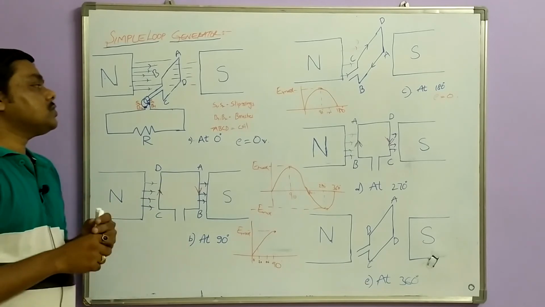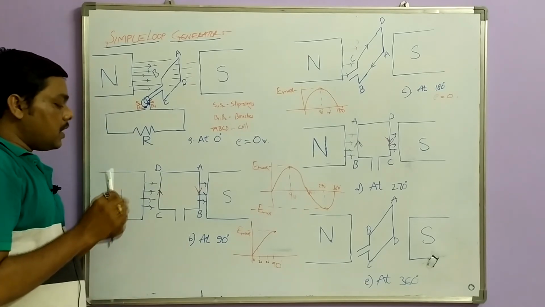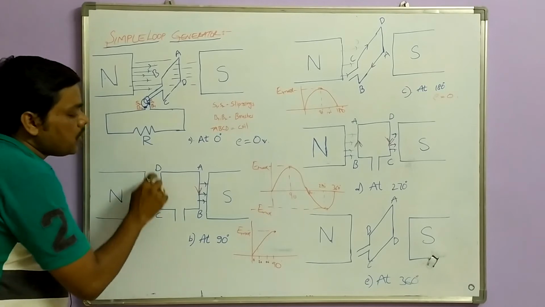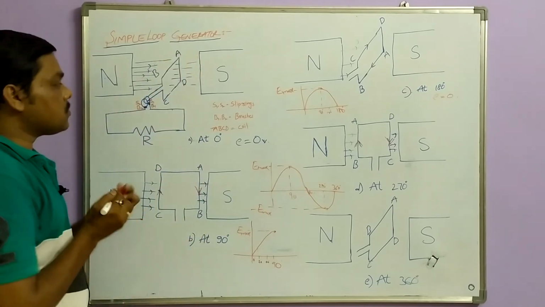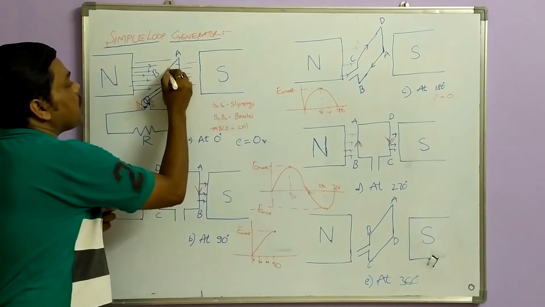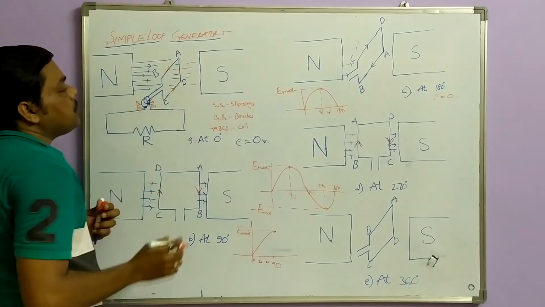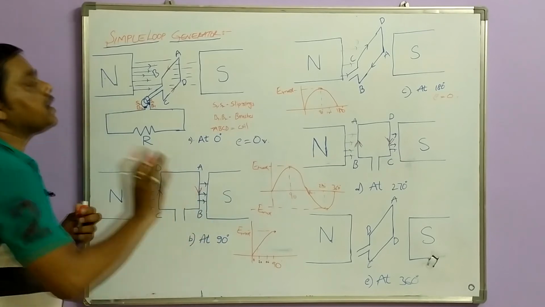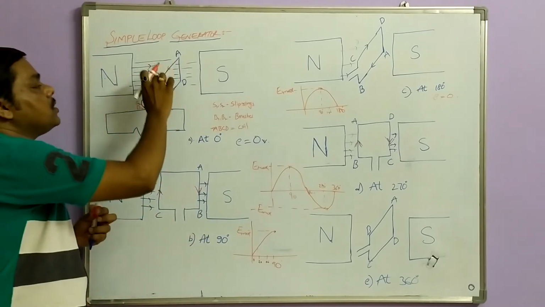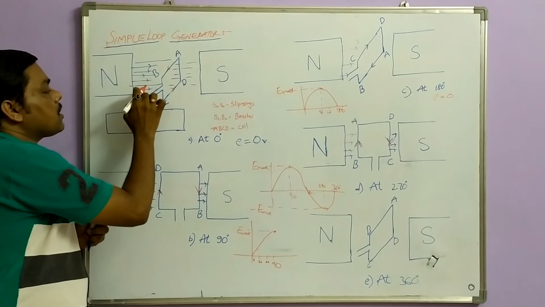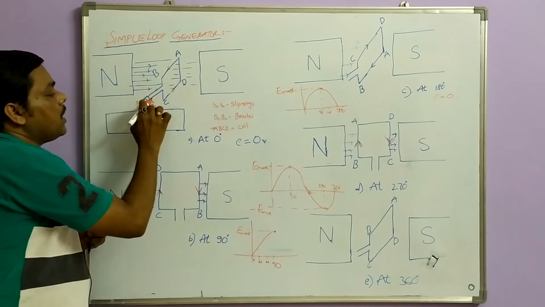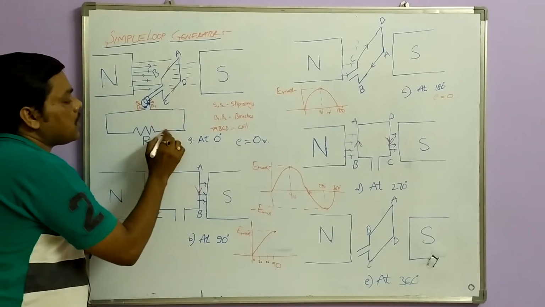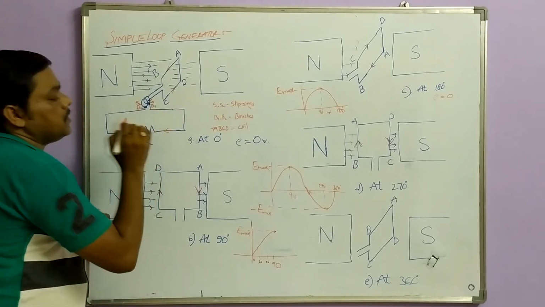Now what happens if you collect the current from here? You can see the current is flowing from A to B. The current direction is A to B and C to D. I am talking about only the 90 degrees portion. So the current flows from A to B, comes to S1 and then goes to B1, and from B1 the current direction will be like this.